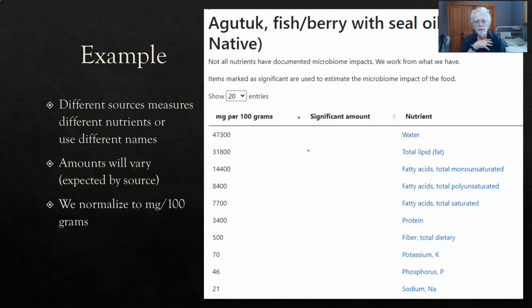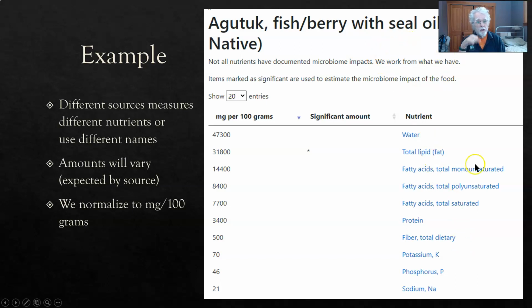So here we have it, and here we see the nutrients, and you notice there's a little star here. That means that the amount of this item, total fat in this substance, is more than the typical amount in most foods that have fat in them. So it's marked as significant. So it's a factor to consider for this food.